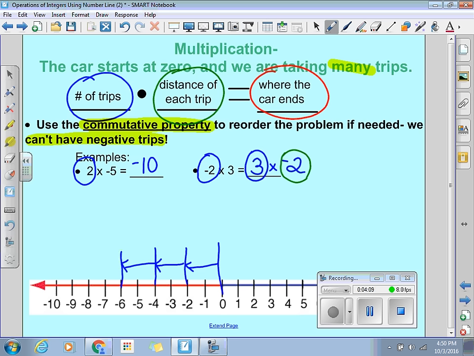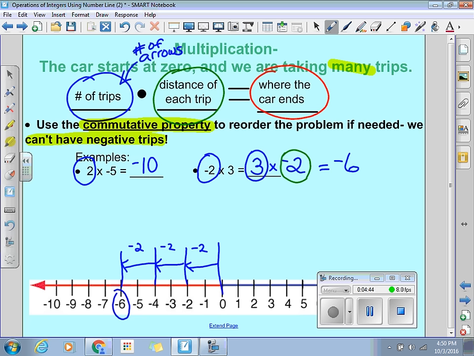So now we have 3 trips, and if you look at the arrows, the number of trips is the number of arrows. And the distance of each trip is how far that arrow goes. So the answer to 3 times negative 2 is negative 6.